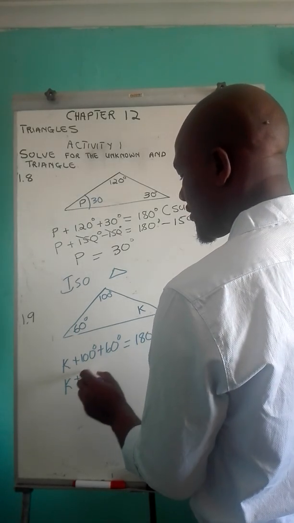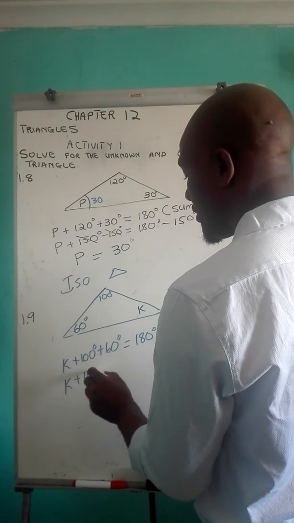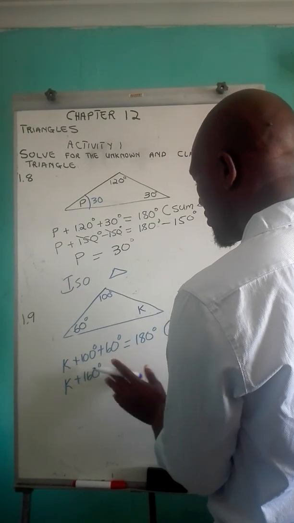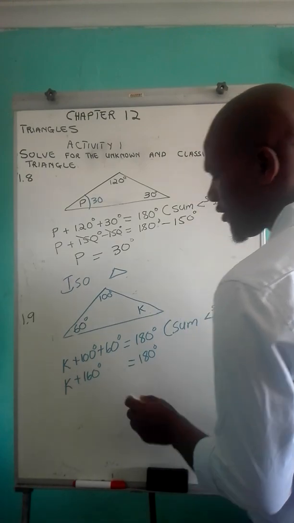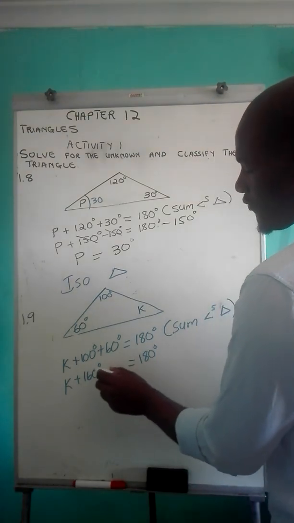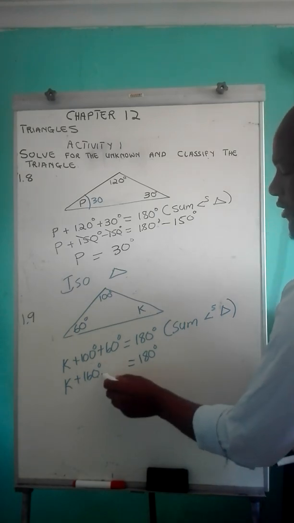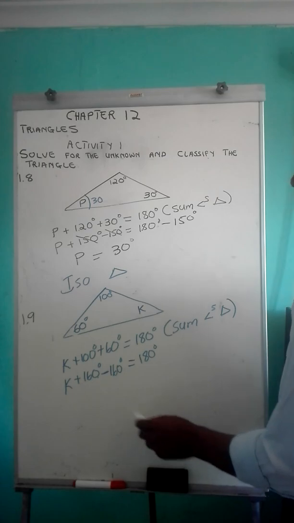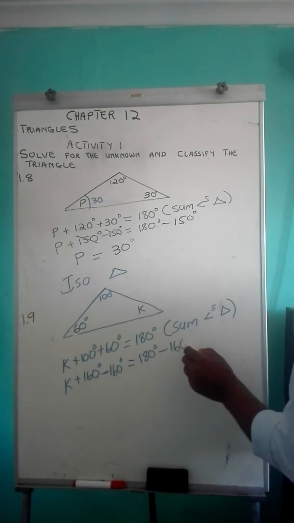K plus 160 is equal to 180 degrees. So 100 plus 60 is 160. I don't want this plus 160, so minus 160. What you do on the left hand side, you also do on the right hand side. It's minus 160.